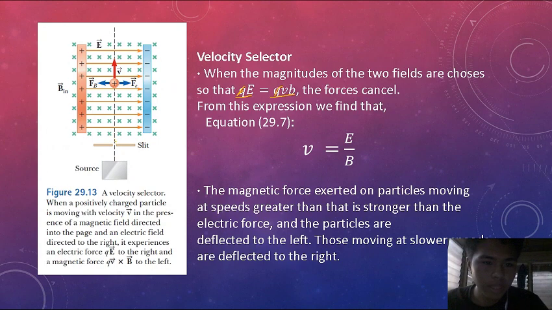Why? Because the charge cancels here. So, the particle comes from here and moves by the force from the magnetic force and electric force. And we can see that we have a uniform magnetic field which is going into the screen.